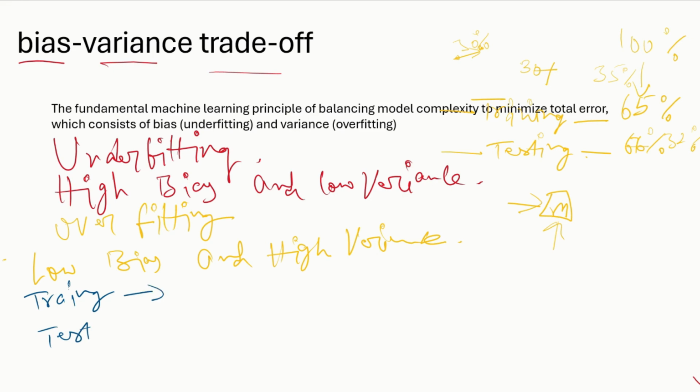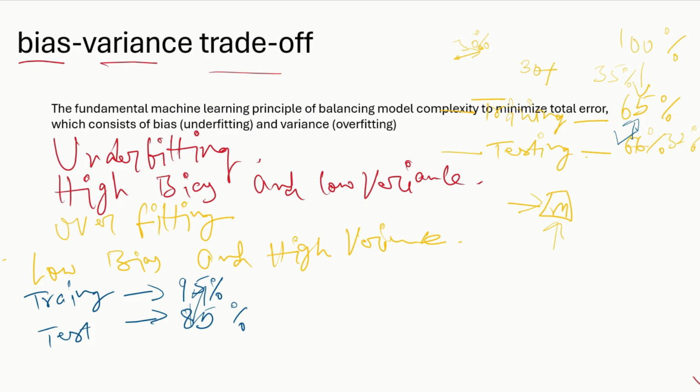Imagine you are scoring somewhere around 95% on training data using your model, and on testing data you are scoring somewhere around 65%. What's happening? Your training data is giving you accuracy of 95% and your testing data is giving you somewhere around 85%. There is a huge variance between your train and test. Here the variance is very high, but bias is very low.